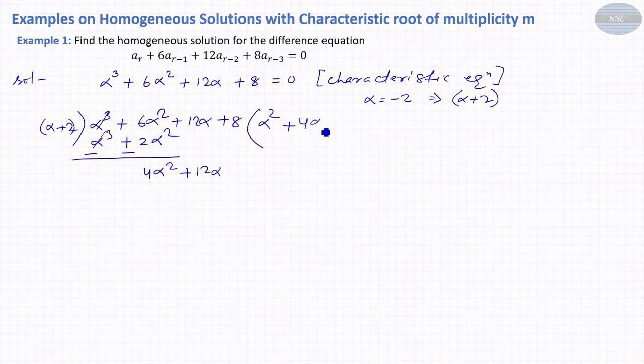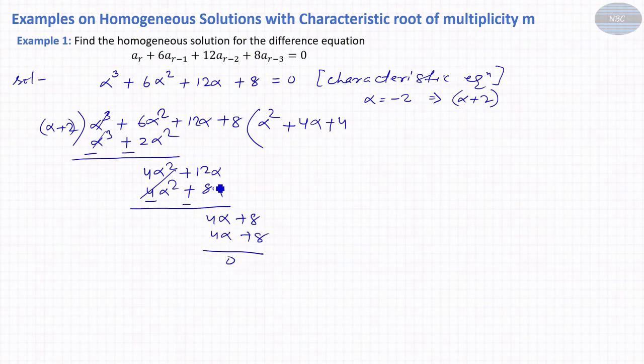Now we have 4 alpha, and this will be 4 alpha square plus 8 alpha, cancel out, this is 4 alpha plus 8. Now we have 4 into alpha plus 2, that is 4 alpha plus 8 equal to 0.